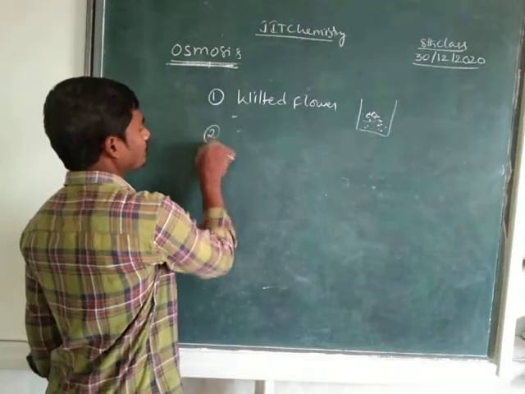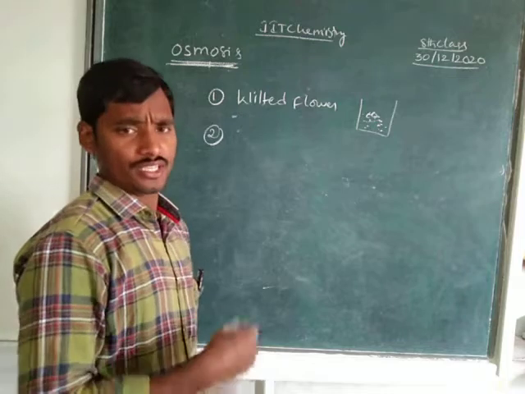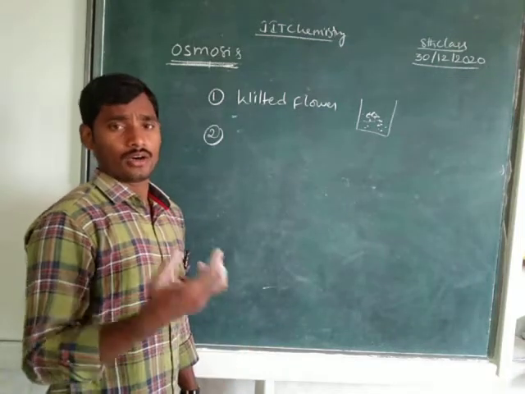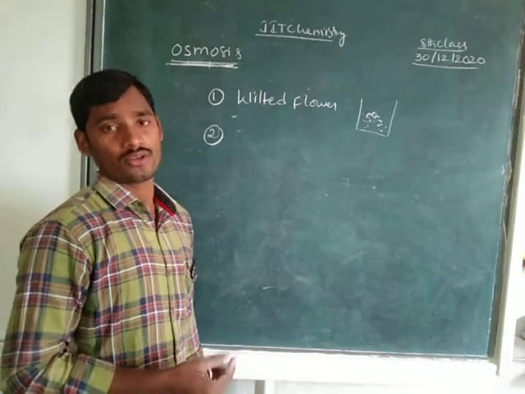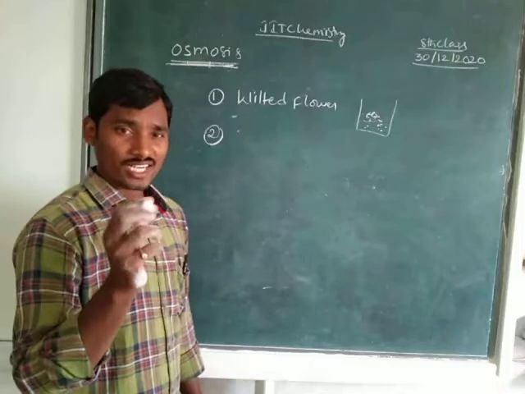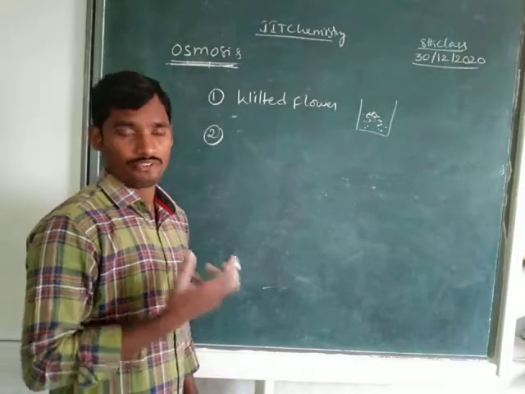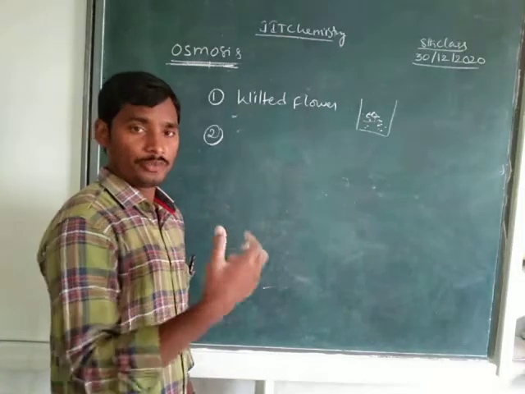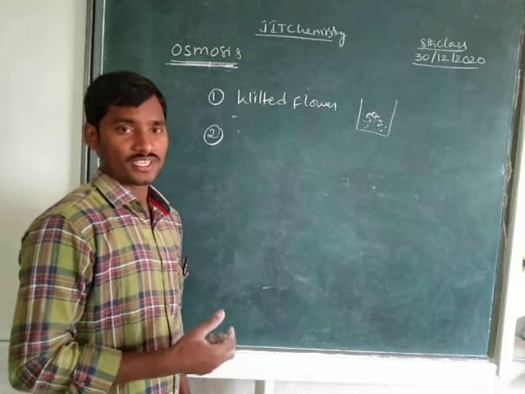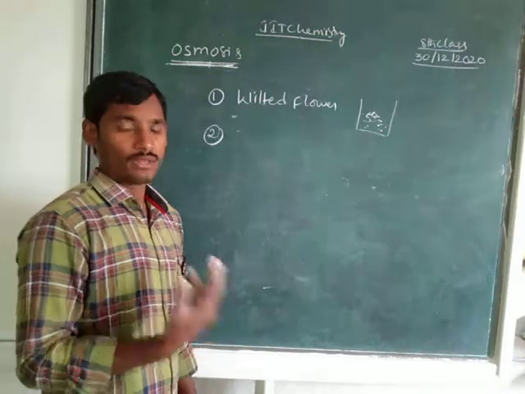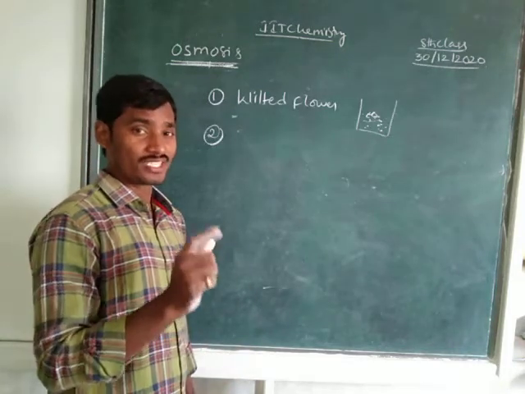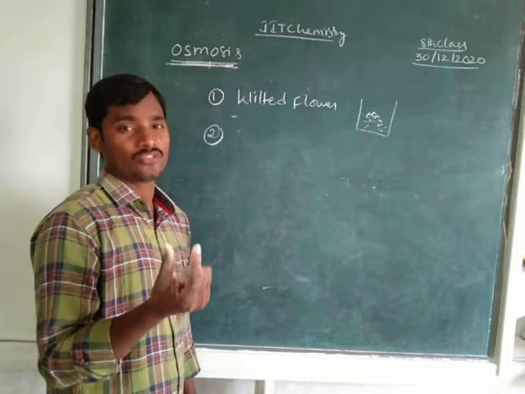And the second one is when we take pickles, mango pickle. In the mango pickle, the dry mango pieces are there. When we prepare the pickle, after so many days, the dry mango pieces become soft mangoes.